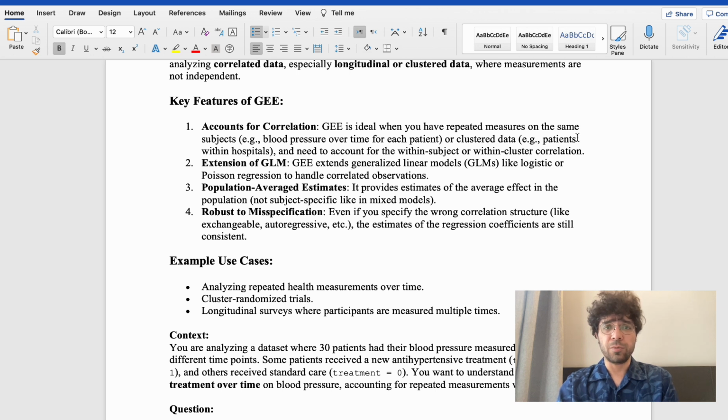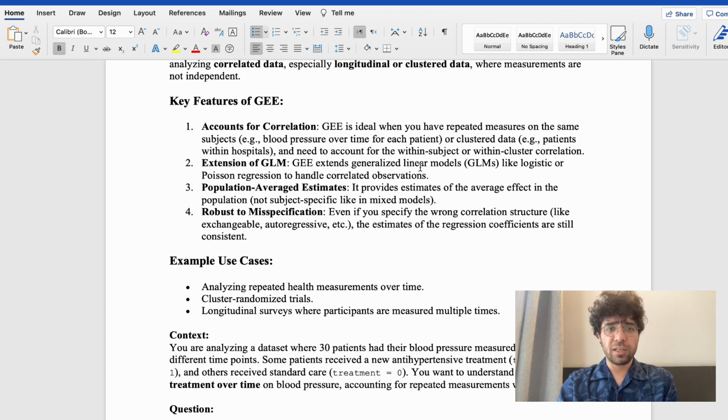GEE is ideal when you have repeated measurements, like the data that I showed you, like blood pressure over time for each patient, or other types of data that need to account for within-subject or within-cluster correlation. So the second blood pressure of the patient is correlated to the first one. We cannot say that these are independent of each other.